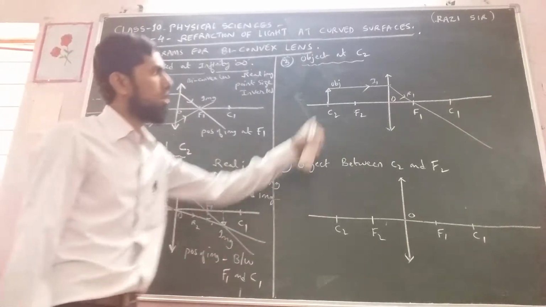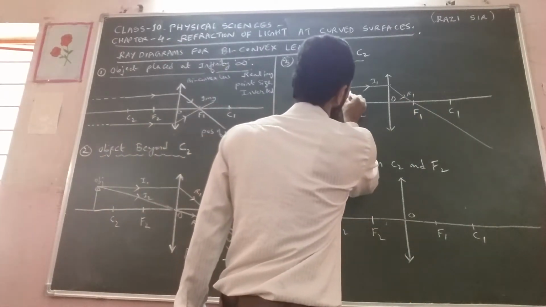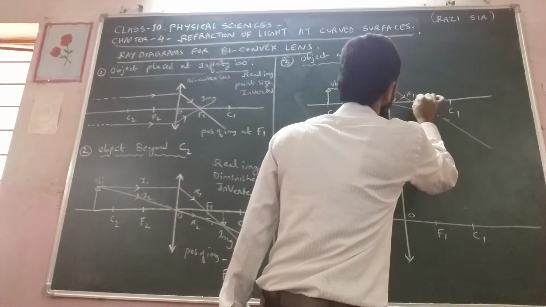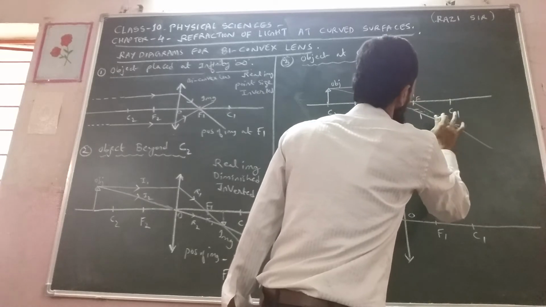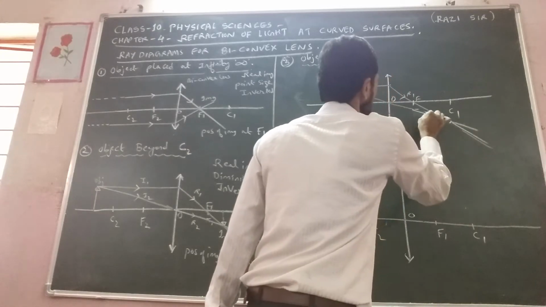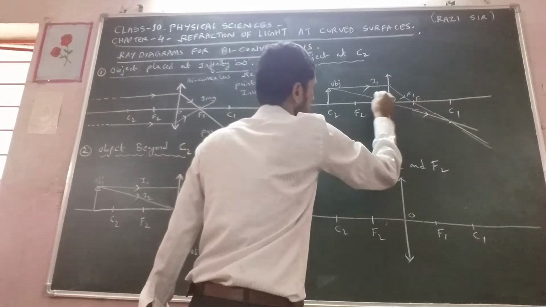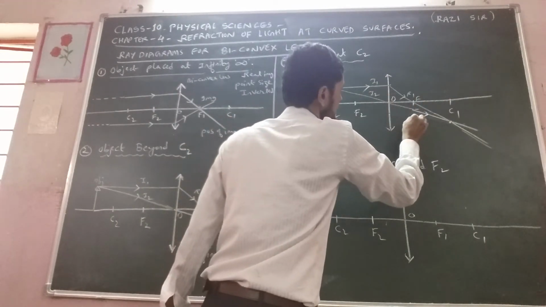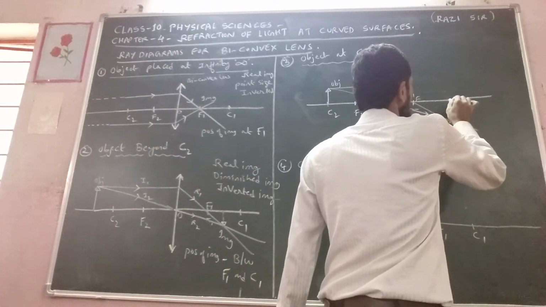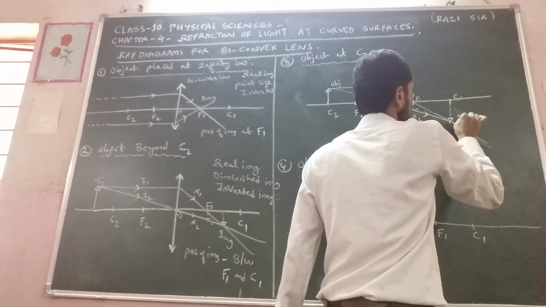According to the third rule, a ray passing through the optic center will not deviate. So if we observe, we have the incident ray 1, refracted ray 1, incident ray 2, refracted ray 2. They intersect at a point here, and from there you draw the perpendicular. So we find that we get the image at C1.